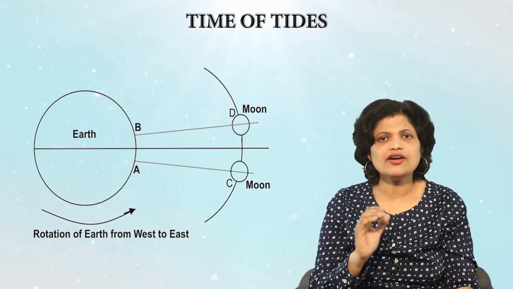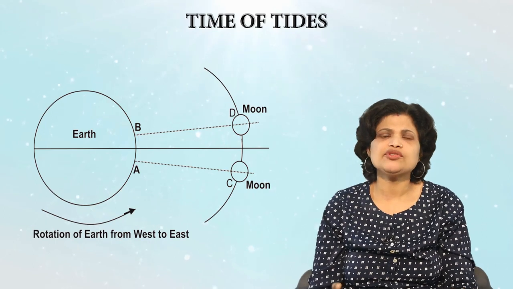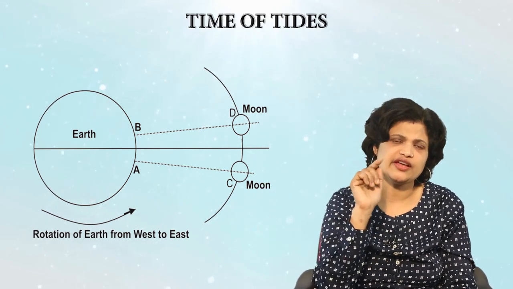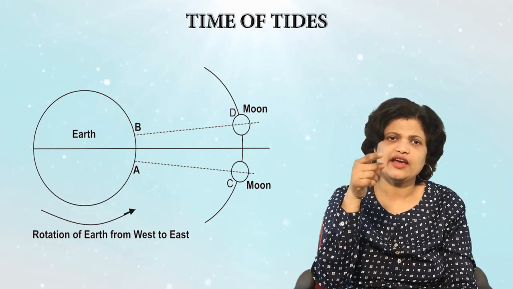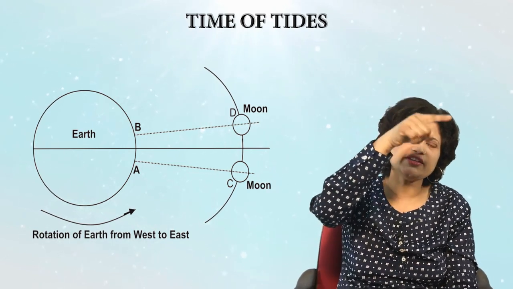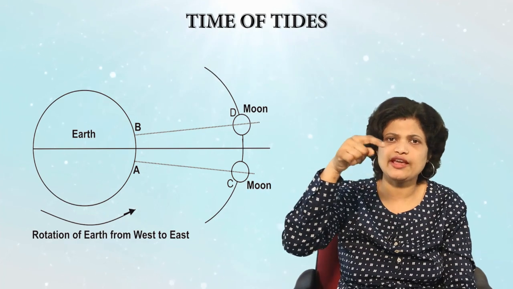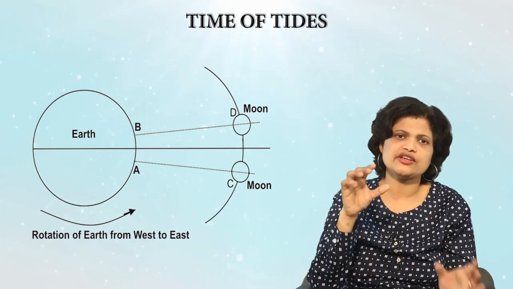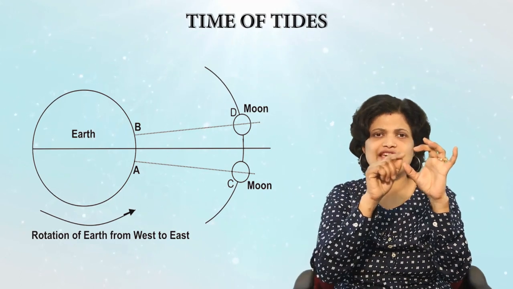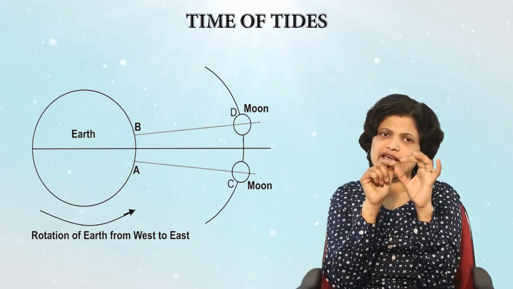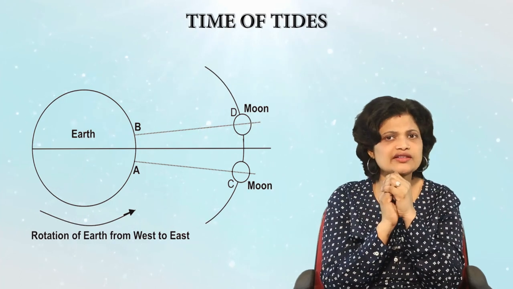There is a time lag of tides. Suppose a portion A in this figure experiences high tide, and then it rotates and comes back to position A. Rotation of earth takes 24 hours, so A will come back to position A exactly after 24 hours.